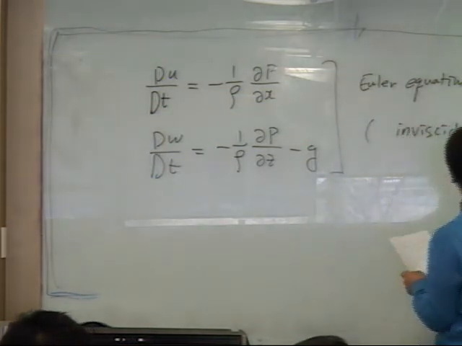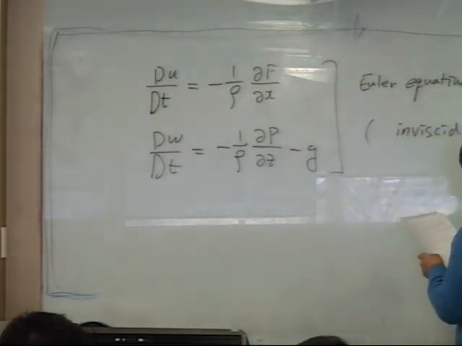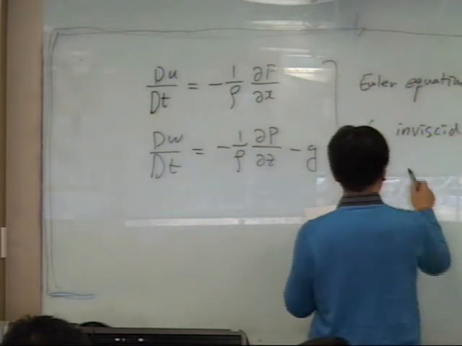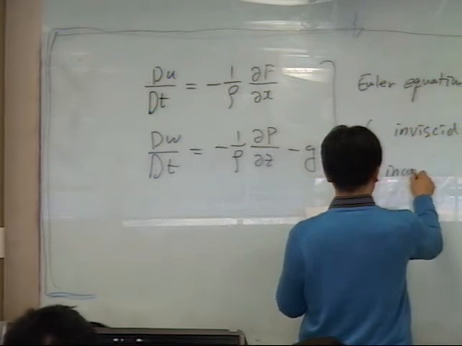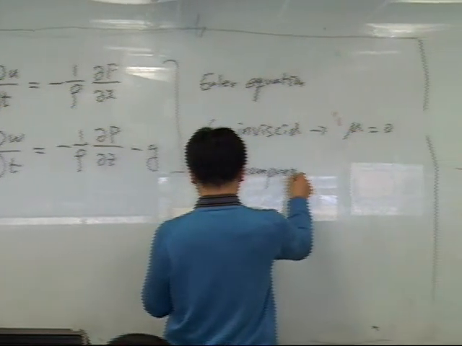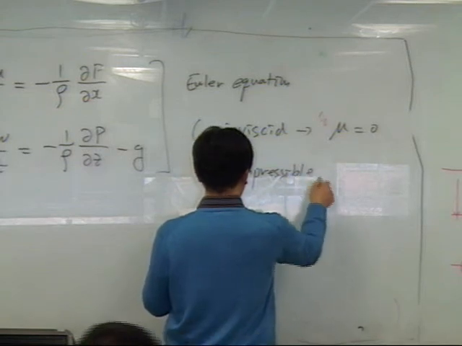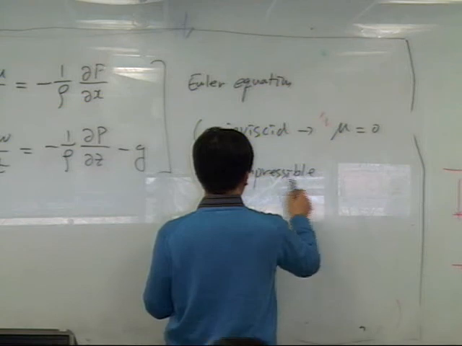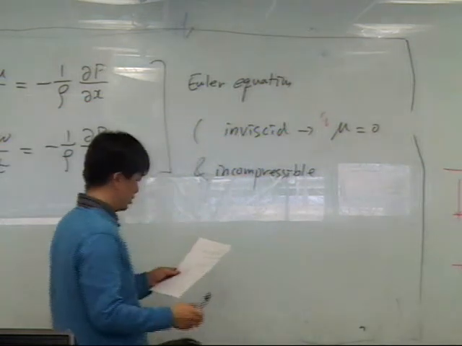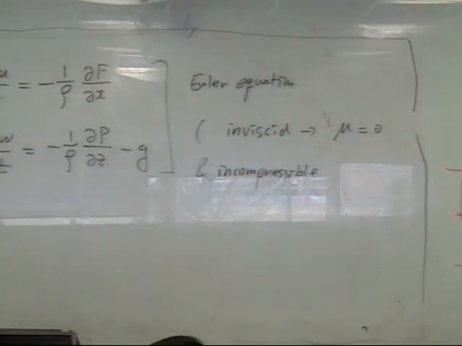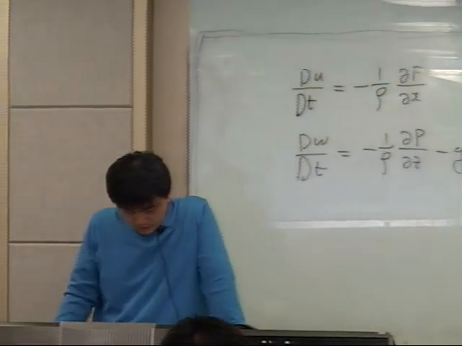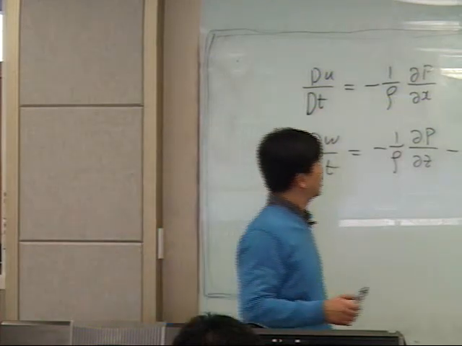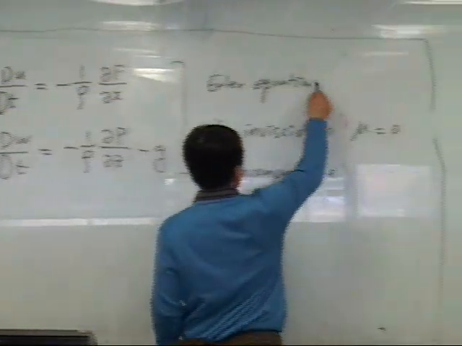Implicit means the viscosity is 0 and incompressible. Actually, this assumption is made here. Okay, so this is the Euler equation. Okay.